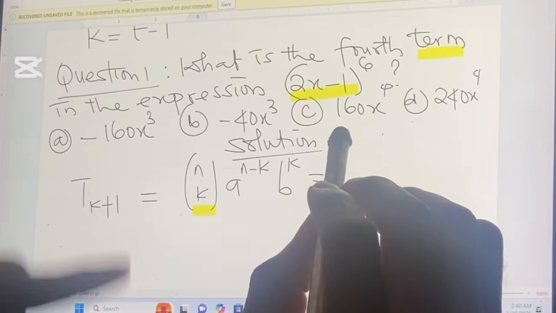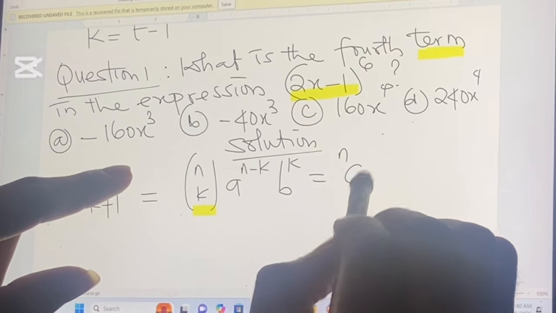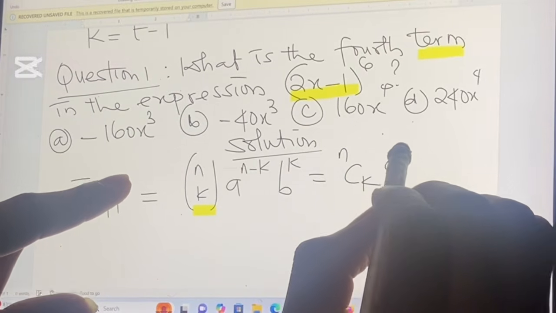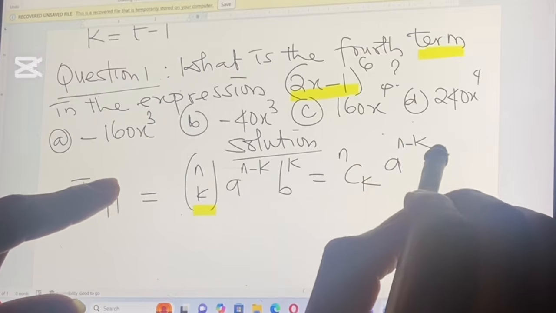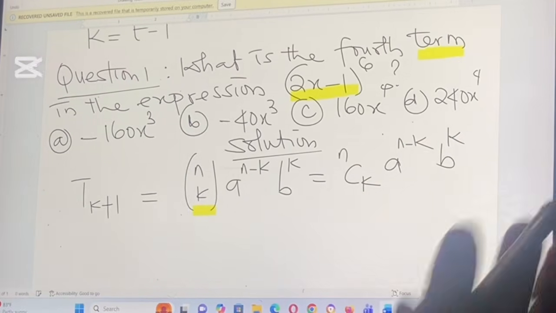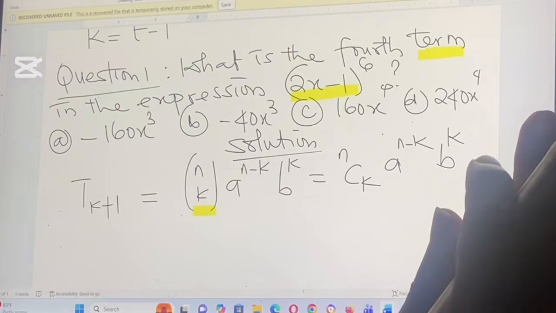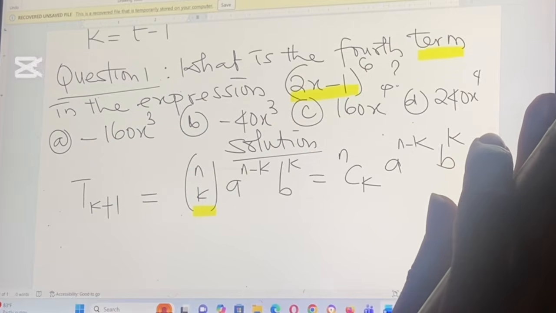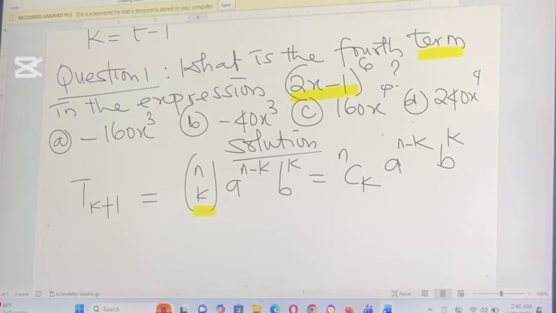So this can also be interpreted as n combination k of a raised to the power of n minus k, b raised to the power of k. Please take note. From the binomial expression given to us here, we can easily get our parameters.